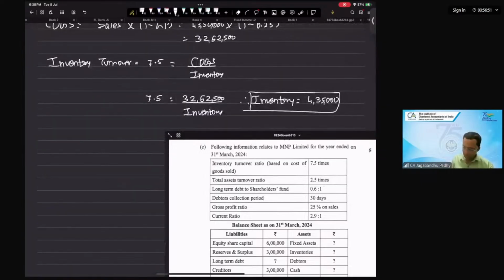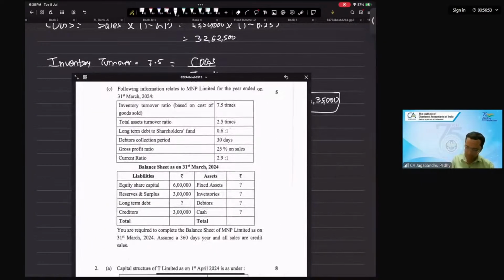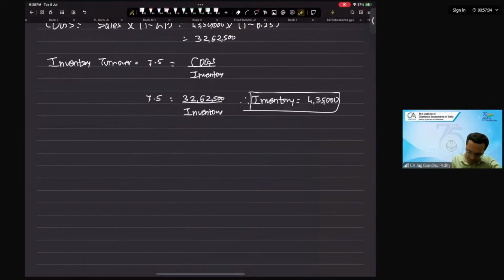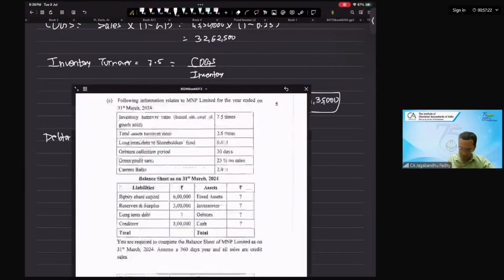Okay, so we've got the long-term debt and we have got the inventories. Now, the debtors collection period is something we are going to use. Debtors collection period is 30 days. Is it based on a certain number of days?